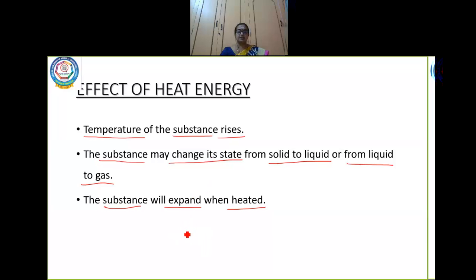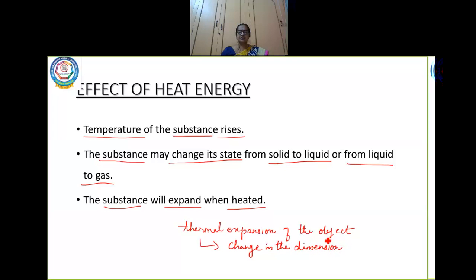So what is thermal expansion, children? Thermal expansion of an object is nothing but change in the dimension. Dimensions in the sense they may have a change in the length, the area, or the volume.